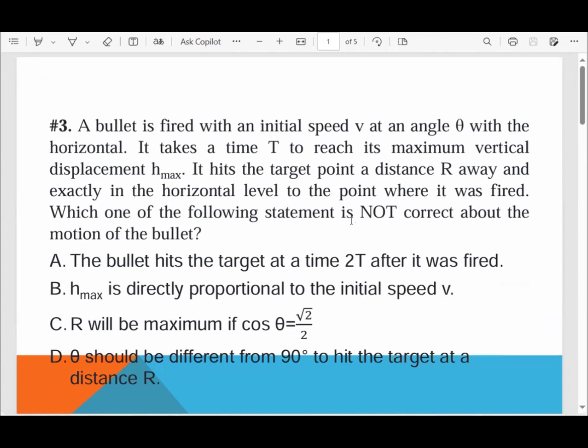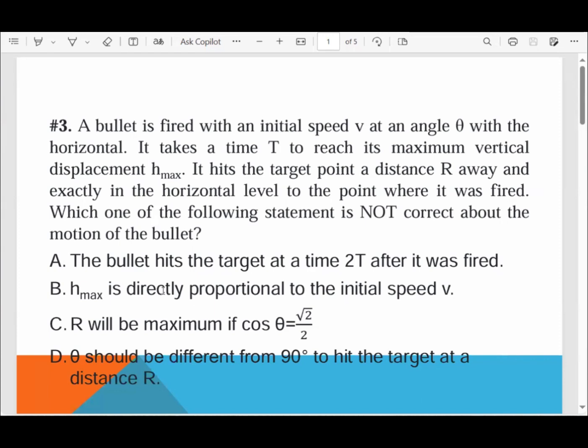Which one of the following statements is not correct about the motion of the bullet? A, the bullet hits the target at a time 2t after it was fired. Now t means the time to reach maximum height, and twice t means the time of flight or the total time. Therefore, range and total time are related to each other. Because of this reason, A is true.